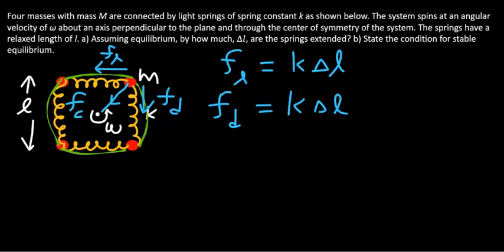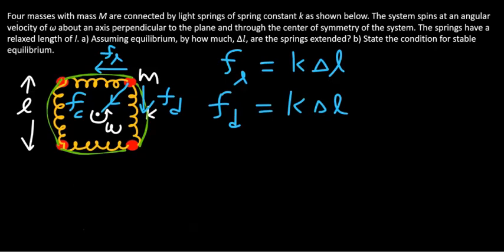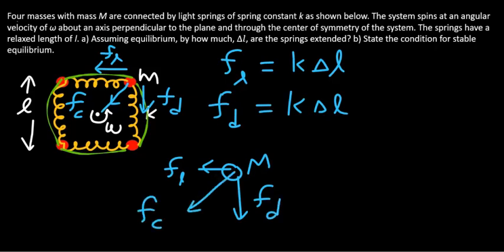One thing to note, we are assuming that the system is in a field-free region. So there is no gravitational field, for instance, so we don't have to worry about the effect of weight. So let's look back at the free body diagram on mass M. So you have FL going like that, FD vertically downward, so the centripetal force FC must be given by the square root of FL squared plus FD squared.